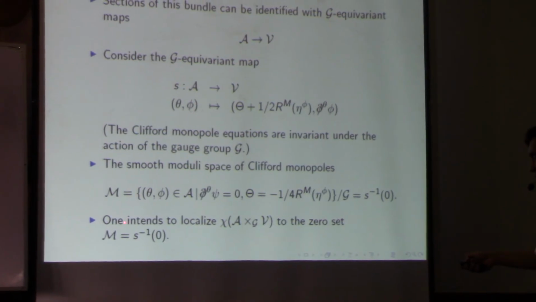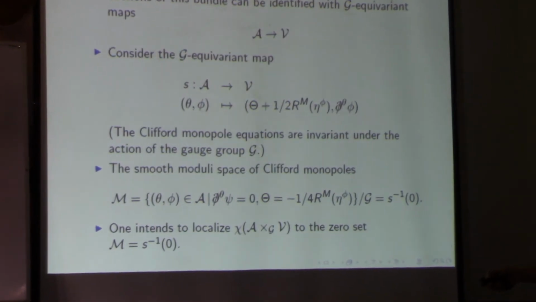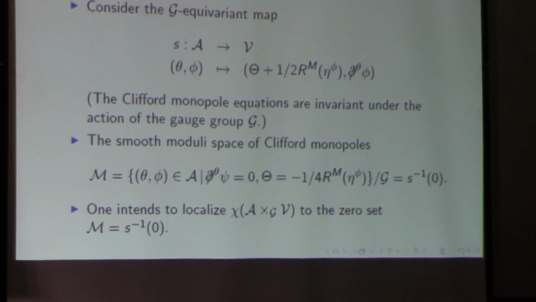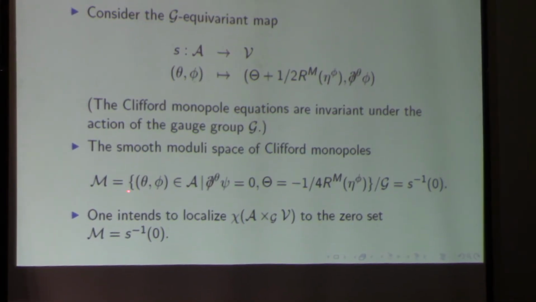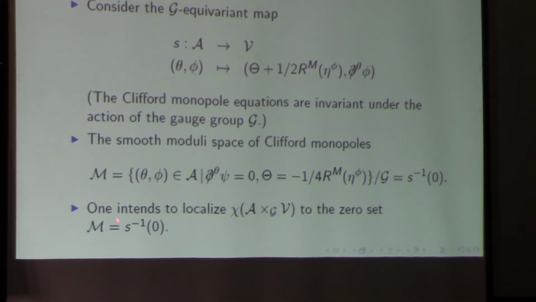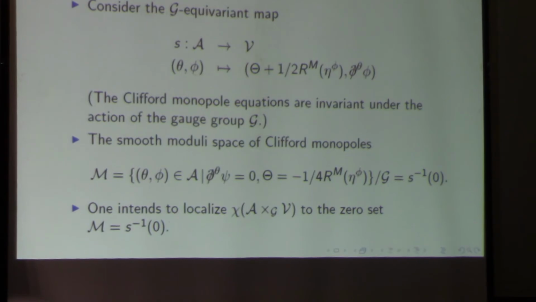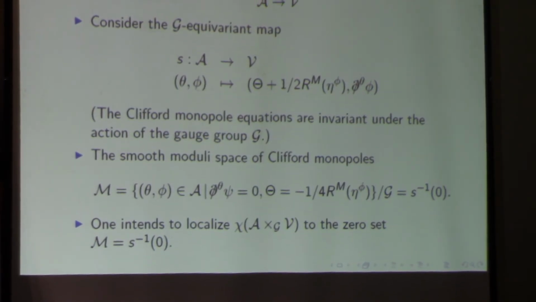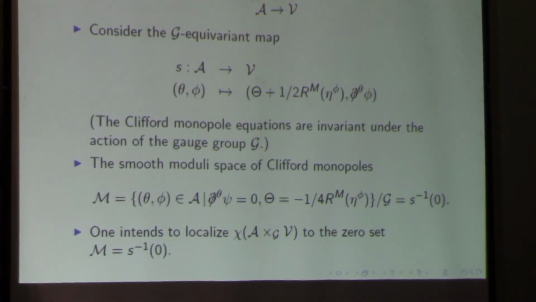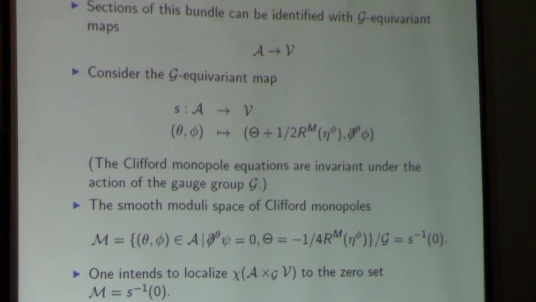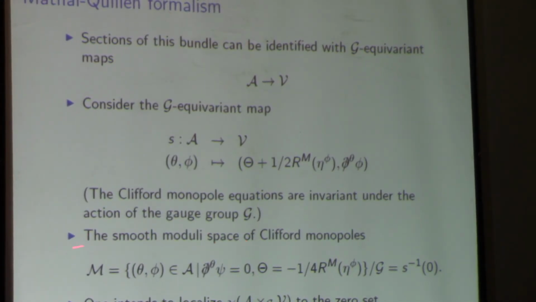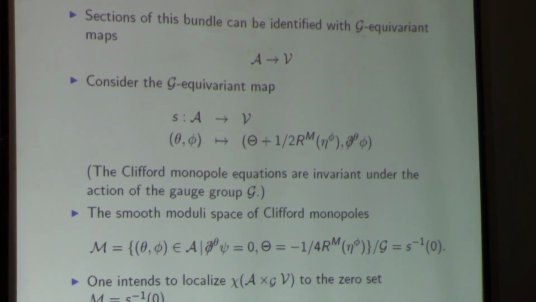Now, two things. In terms of the formalism, what we need to do is localize the integral to this zero set of the sections, like in Poincaré-Hopf. That's the formalism. Now, the plus point is that we do know that we have a moduli space under reasonable curvature conditions.